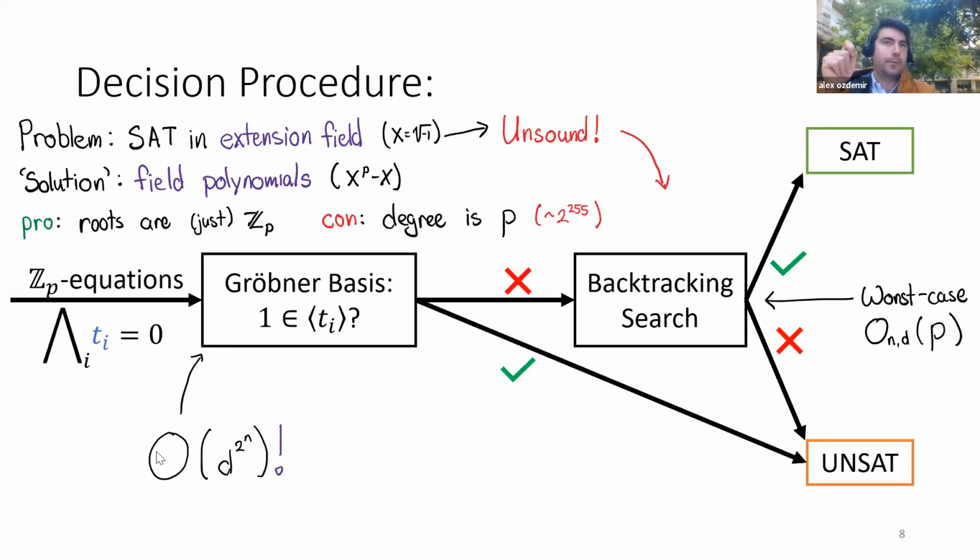And if I can find some linear combination of the input equations that is equal to a non-zero constant, such as 1, that means the system must be unsolvable. Because I know every individual T_i is 0, so any linear combination of them needs to be equal to 0. And if that linear combination is giving me 1, it means the system is unsolvable. And so that's why a Gröbner basis engine is a reasonable test for unsatisfiability.